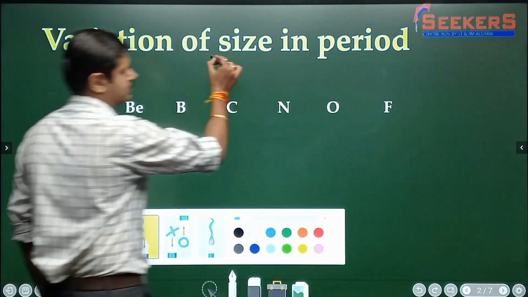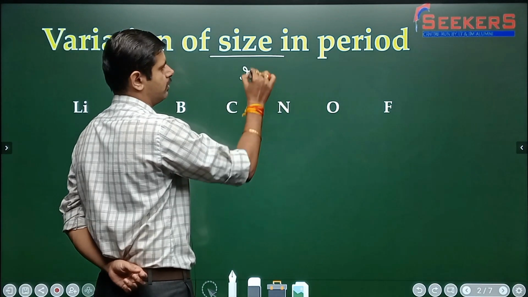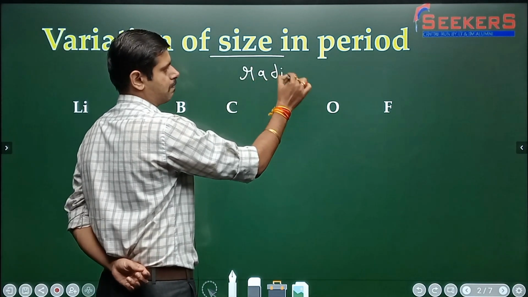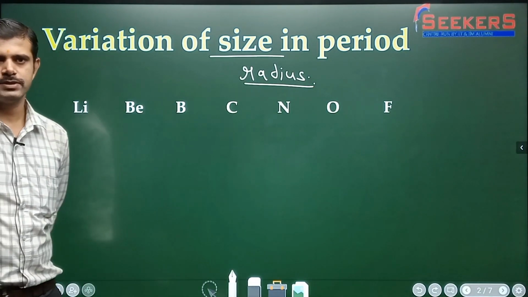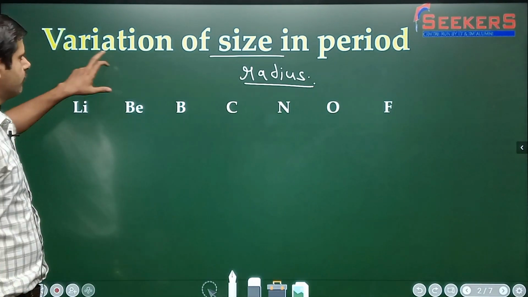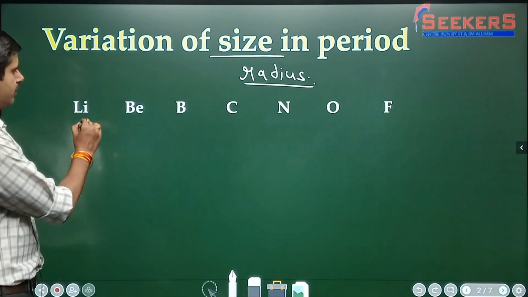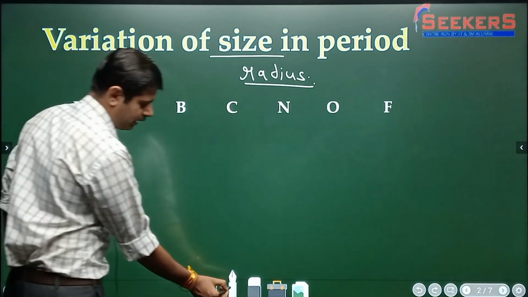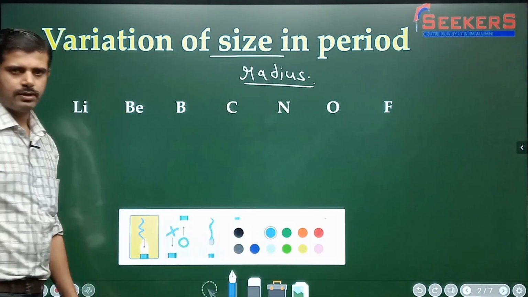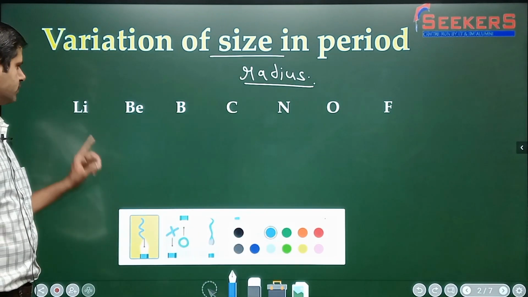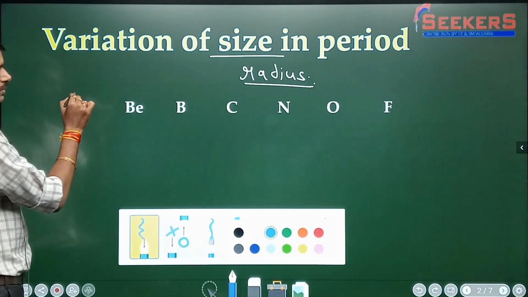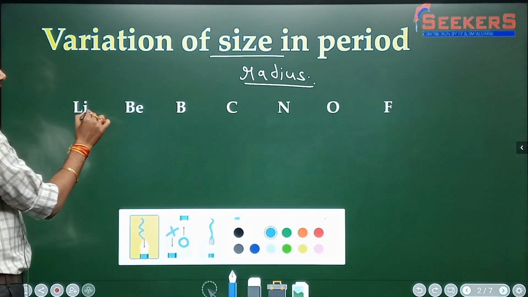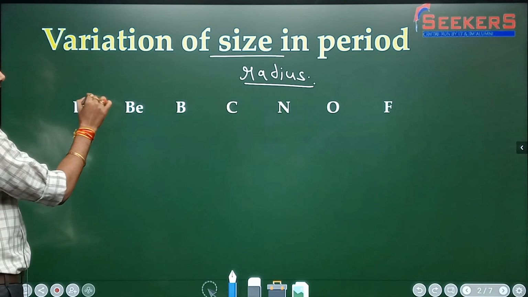Size means we are talking of a radius. Now, when we are talking of a variation of size in a period, we have lithium, then beryllium, then boron, carbon, nitrogen. Lithium has atomic number 3 and mass number 7.